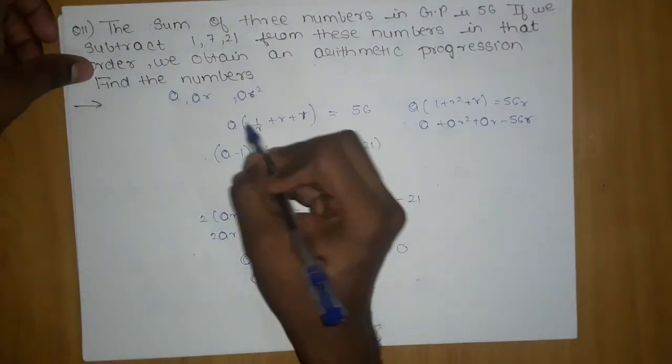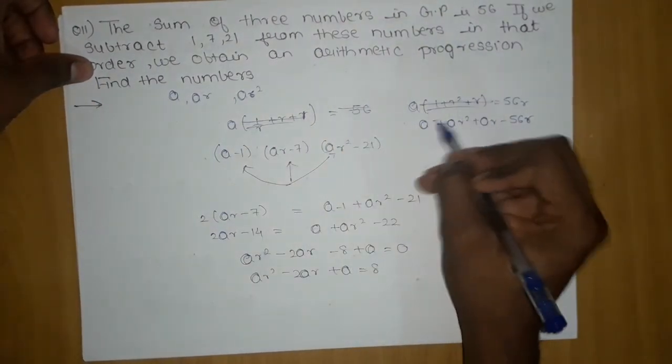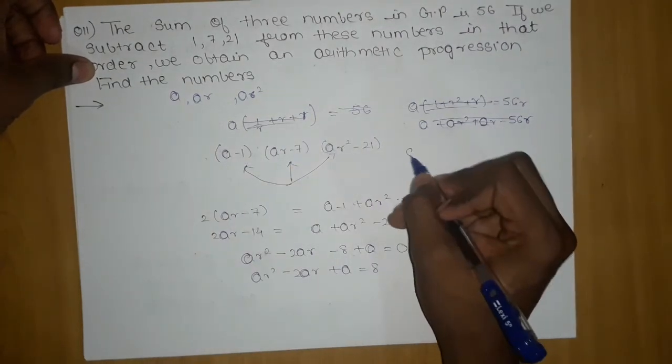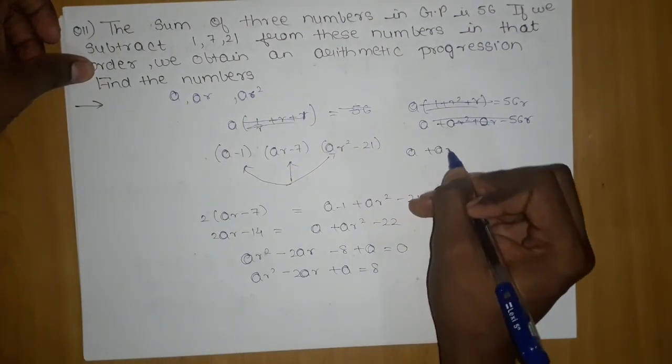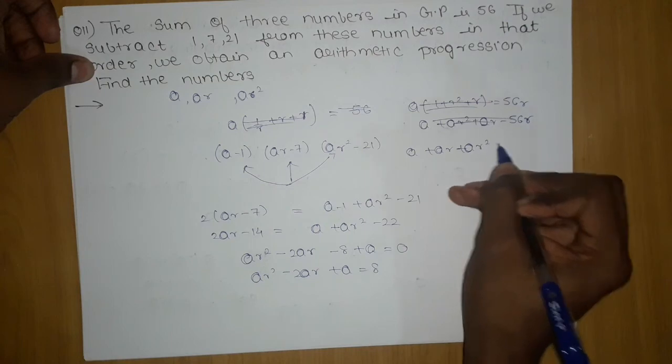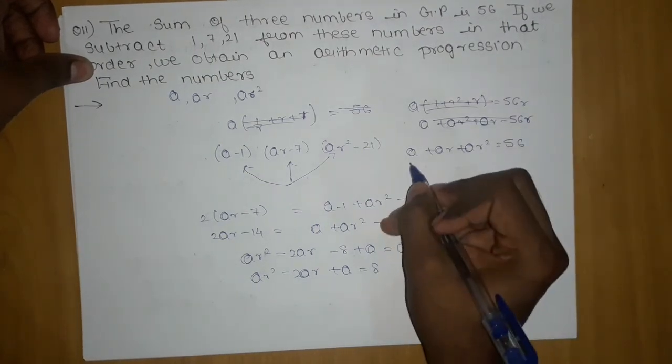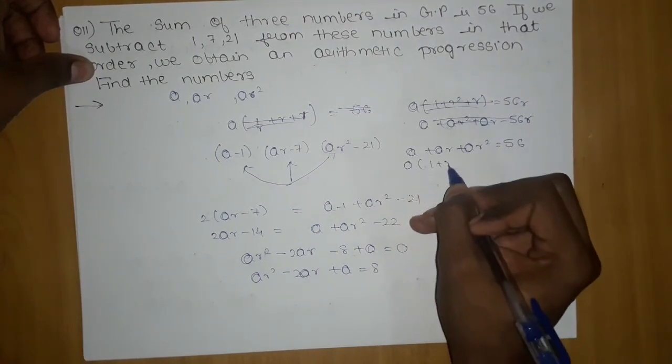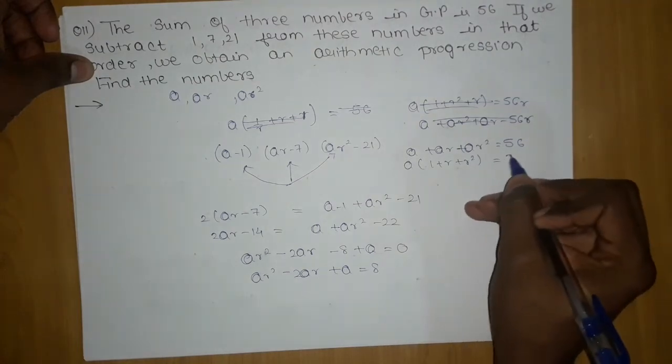Oh, sorry, that is not what we are doing. This is a plus ar plus ar square is equal to 56. If I take a common, I have a into 1 plus r square is equal to 56.